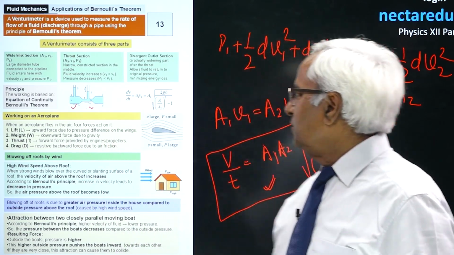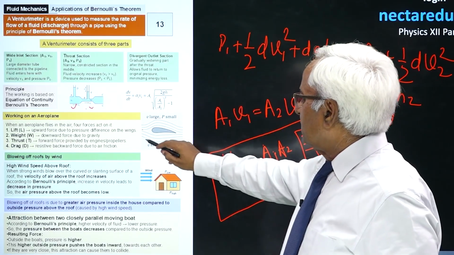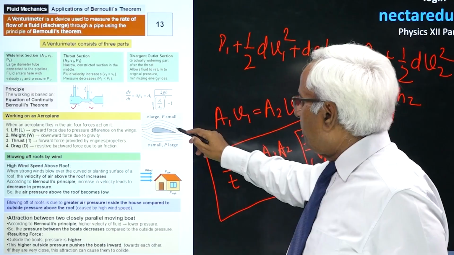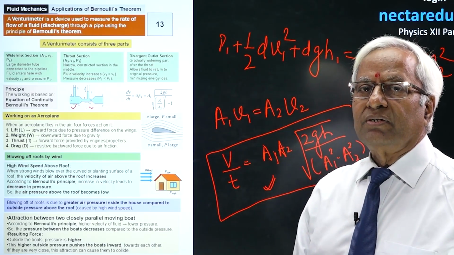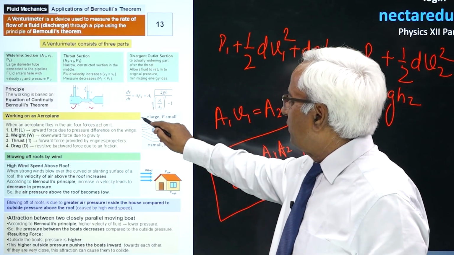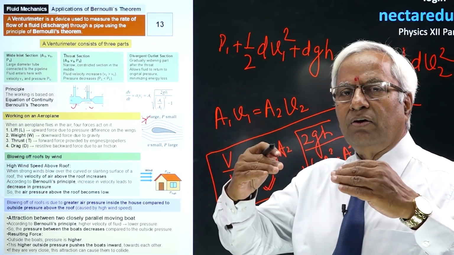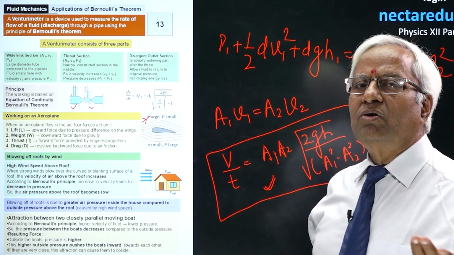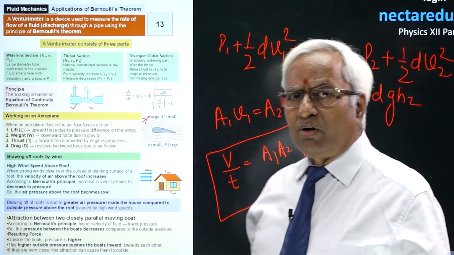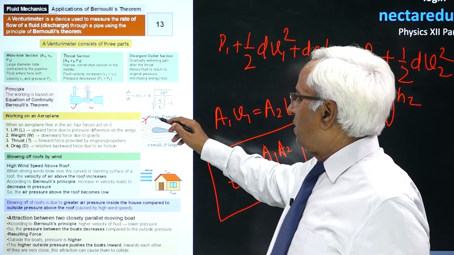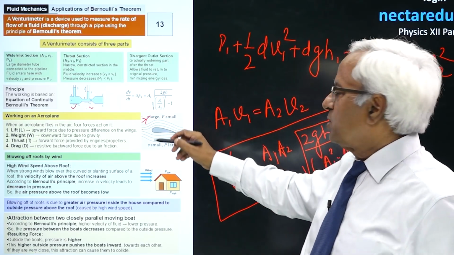You see, here the propeller has been shown, the upper part of the wing is wider, and that way the velocity will also be greater above the wing. When the velocity increases, as in Bernoulli's theorem, the second part I told you, when the velocity is large, pressure would be smaller.